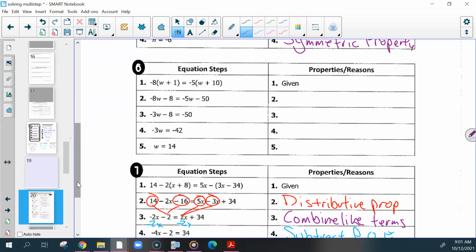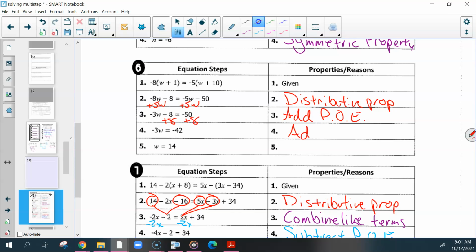And then for number 6, they distributed. So distributive property. From there, they added 5w to both sides. And then they added 8 to both sides.